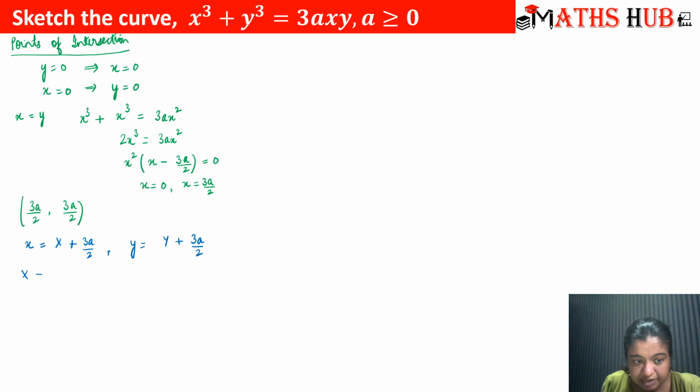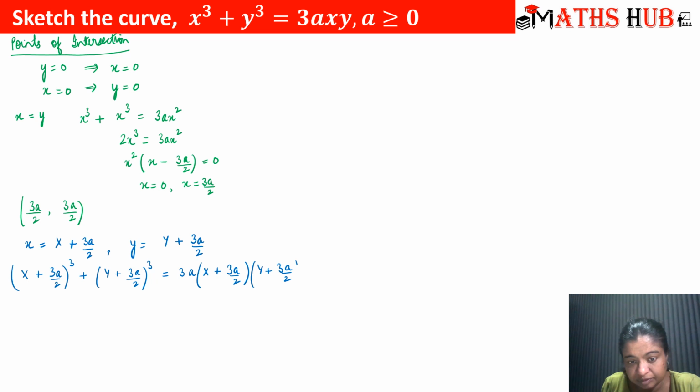So we will get x plus 3a by 2 whole cube plus y plus 3a by 2 whole cube is equal to 3 into a into x plus 3a by 2 into y plus 3a by 2, right?